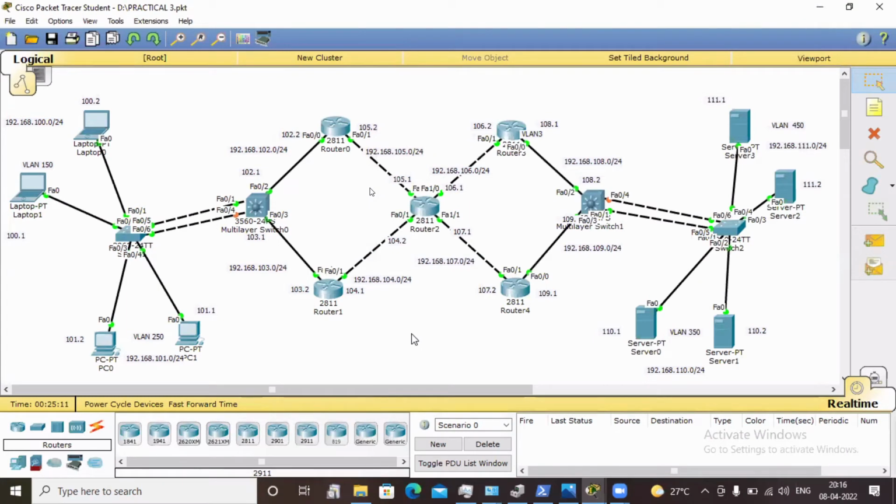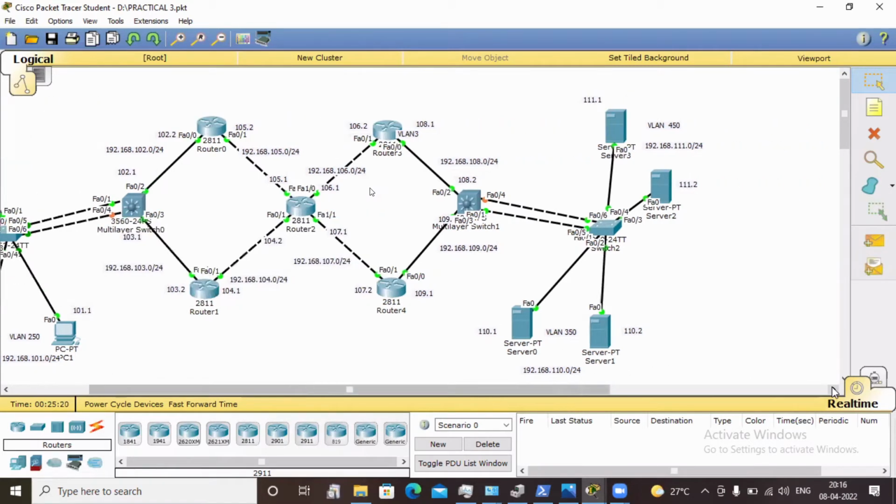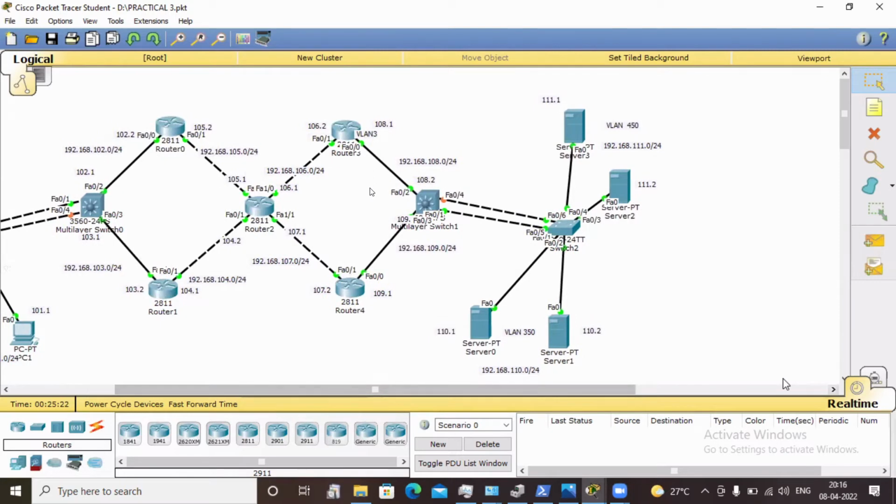Telnet and SSH to router 2. To router 2.